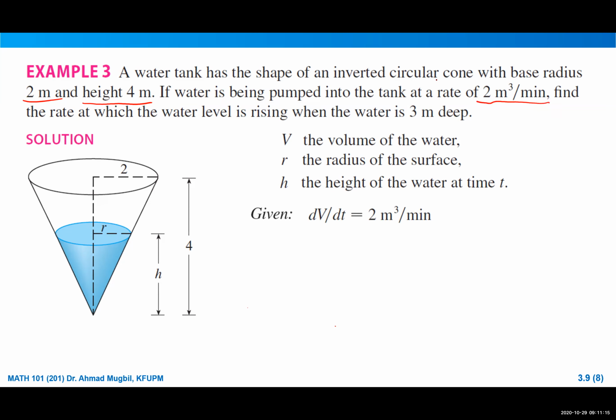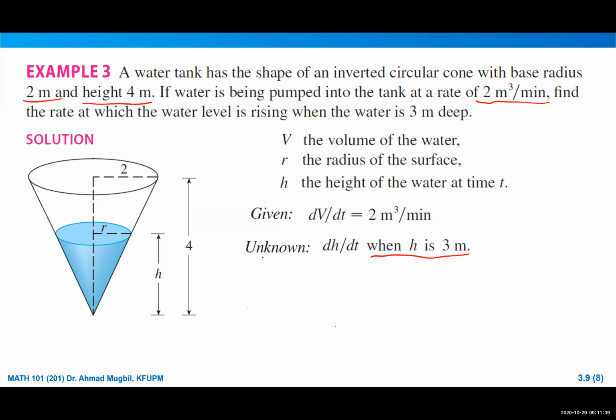What is unknown? dH dt when H is 3. He will not ask you for dH dt in general. It might be in some specific problems, but usually when he asks about something, it should be at specific data, not in general. So don't forget this always.